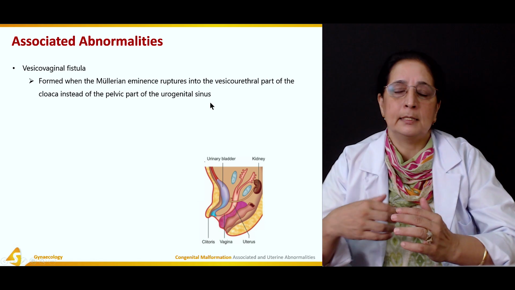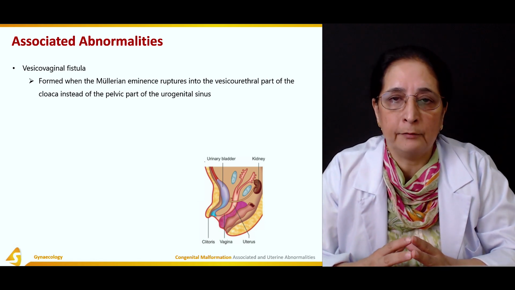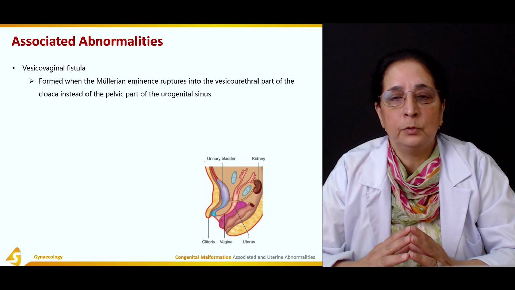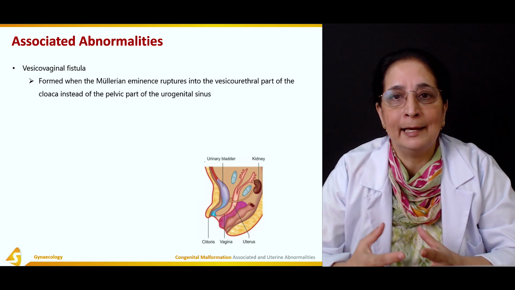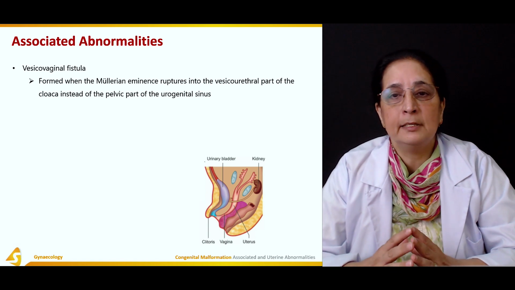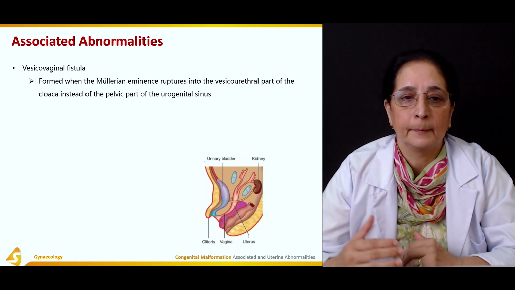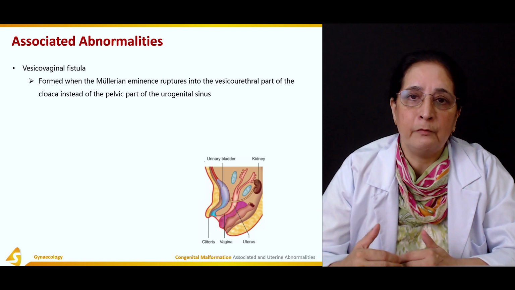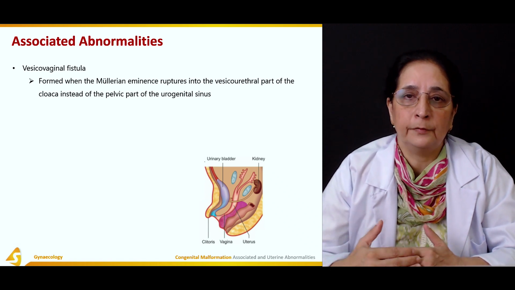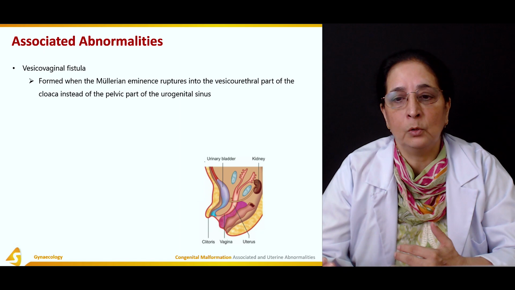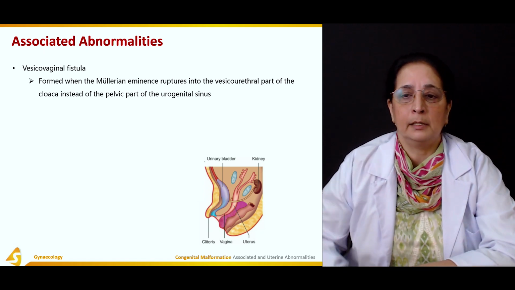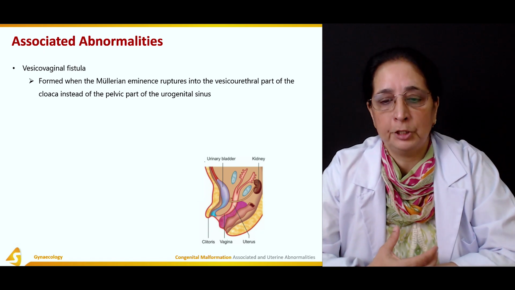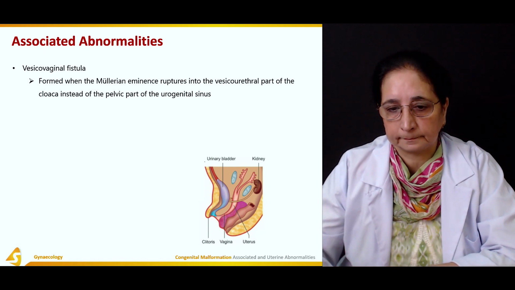So again, it's a congenital malformation, and it is due to the abnormal rupture of the Mullerian eminence in the vesico-urethral part instead of into the pelvic part. Because of this, it leads to the formation of the fistula.